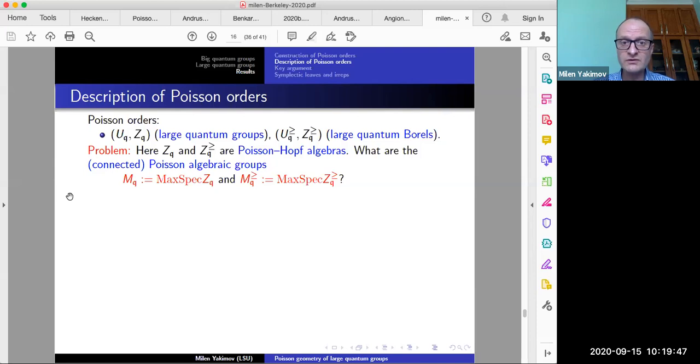Now, since they are Poisson-Hopf algebras, the spectra of these Poisson-Hopf algebras, we're going to call those MQ and MQ greater or equal than 0, are going to be Poisson algebraic groups. And also from general nonsense, we know that these Poisson algebraic groups are actually connected.